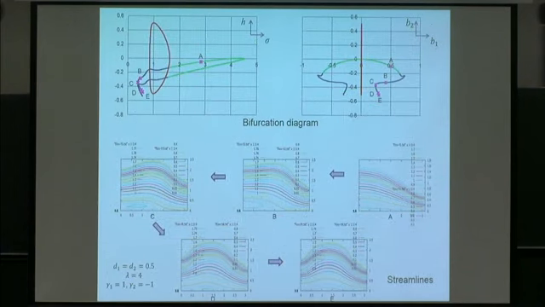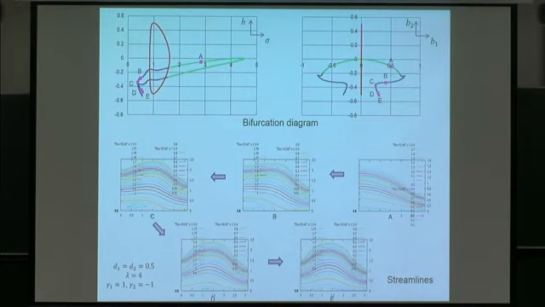One more example. In this case, a stagnation point appears. These are the streamlines of solutions at the points from A to E, and a stagnation point appears like this, but will disappear like this.